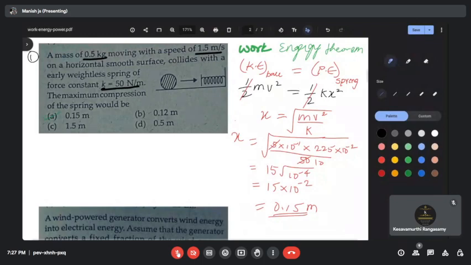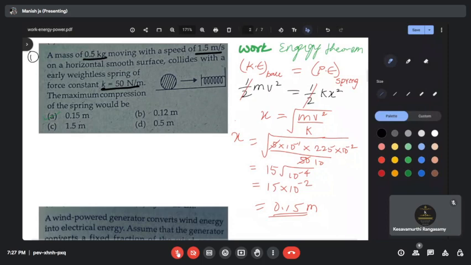I mean, derivation is quite simple, but because it's a competitive approach, it's better that you remember it. So half kx square, where k is the spring constant and x is nothing but the compression of the spring. That's the idea.